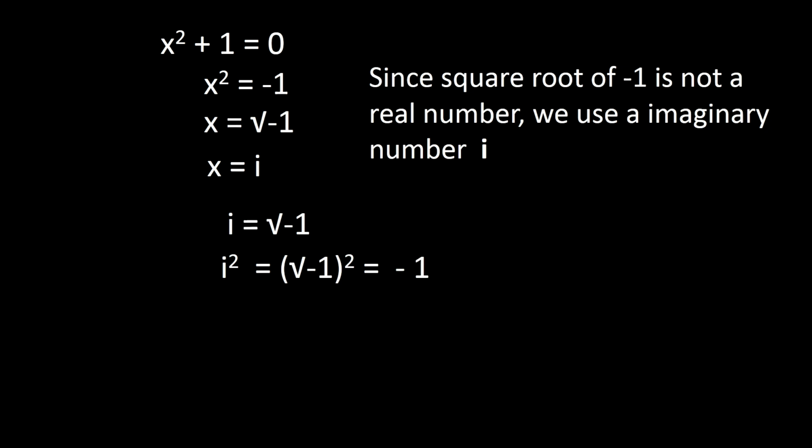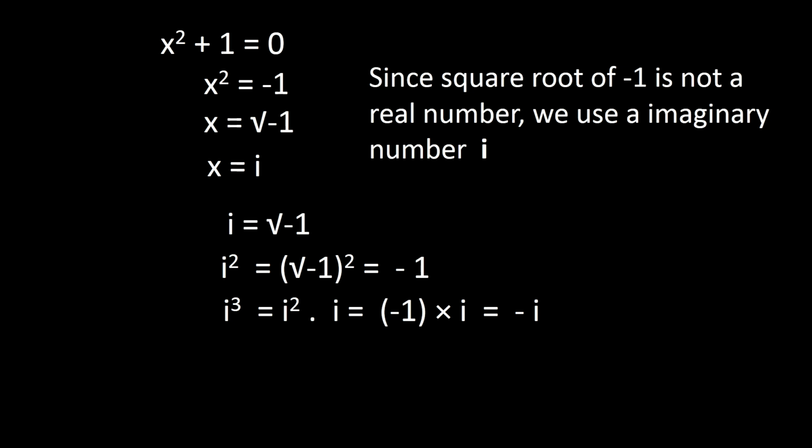i squared is equal to, in brackets, the square root of minus 1 squared, which is, the square is going to cancel the square root, so it's going to be equal to minus 1. Let's say i raised to power 3. i raised to power 3 is equal to i raised to power 2 times i.